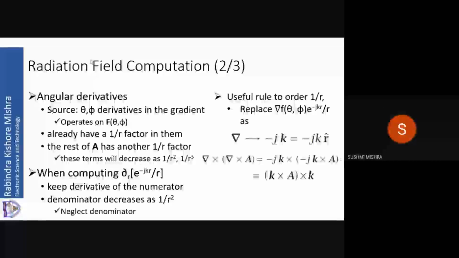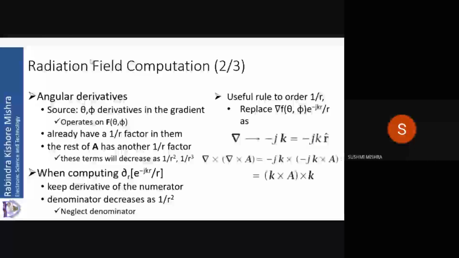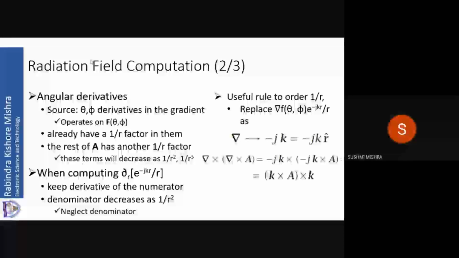That gives me minus of minus j into minus j, which is minus 1, and that into minus is 1. Therefore, I will get k cross A cross k. So curl of A is equivalent to k cross A cross k when we are considering the radiation field.